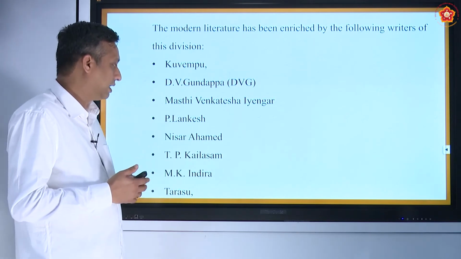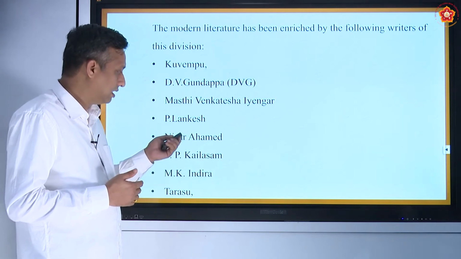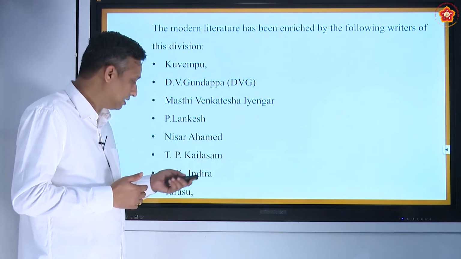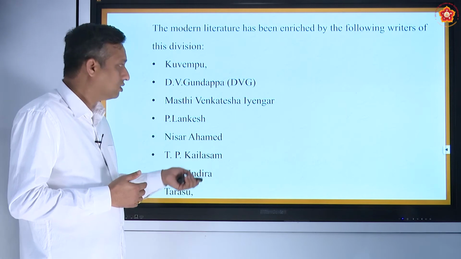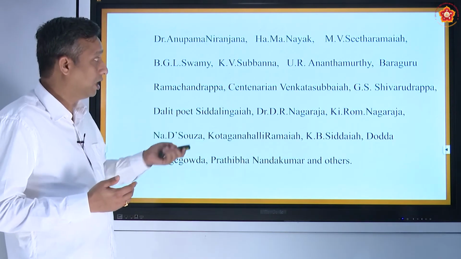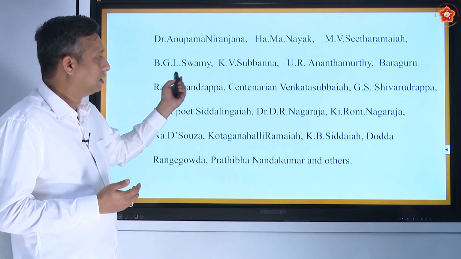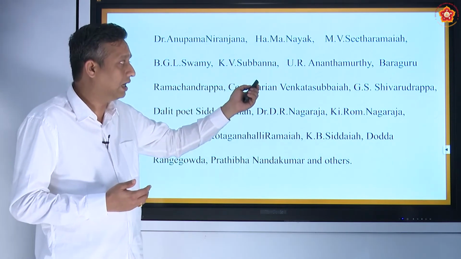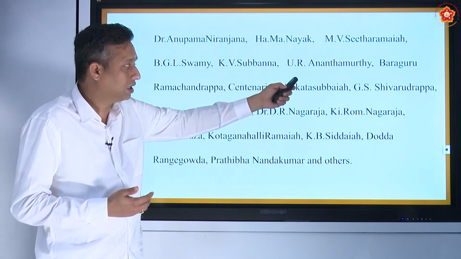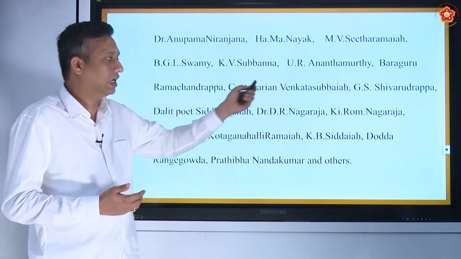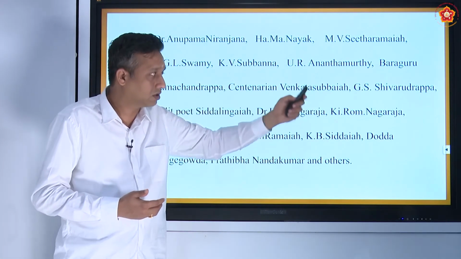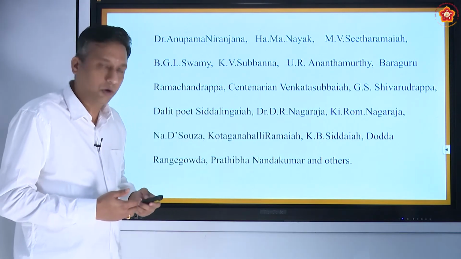Then Masti Venkatesha Iyengar, P. Lankesh, Nisar Ahmad, T.P. Kailasam, M.K. Indira, Tarasu. So these are the different poets, Anupama Niranjan, Hama Nayak, M.V. Sitaramaya, so B.G.L. Swami, K.V. Subbanna, K.V. then U R Anandamurthy, Baraguru Ramchandrappa, Venkata Subbaya, G.S. Shivrabdrappa, he is also a great poet.